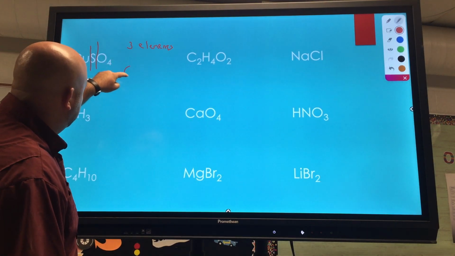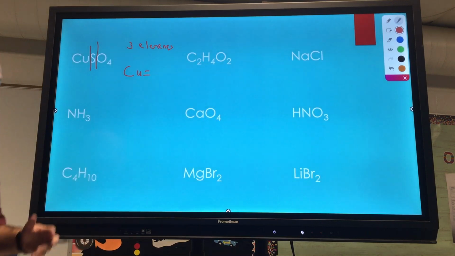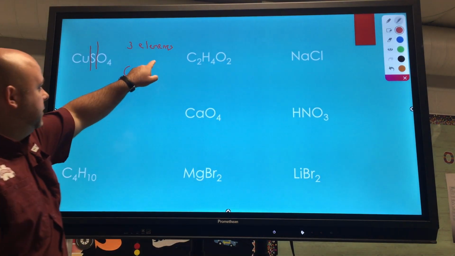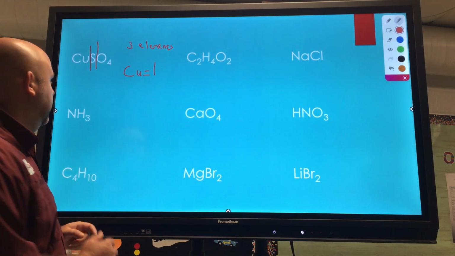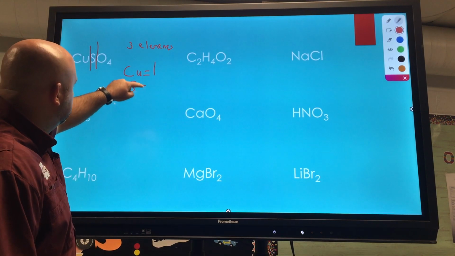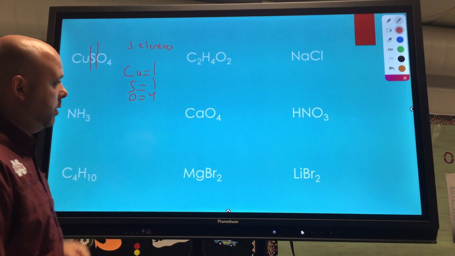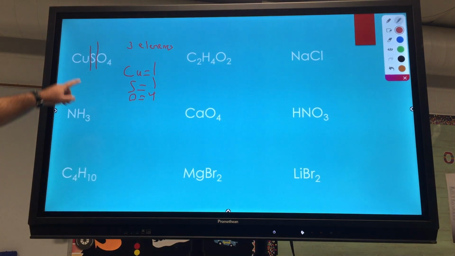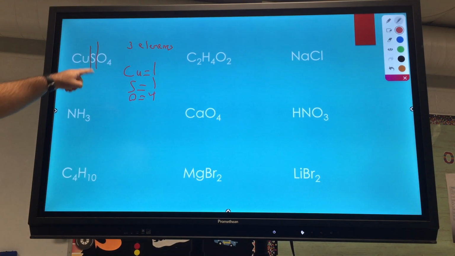So let's write this out. Cu. How many numbers are next to it? There's none of them. So that means there's 1. It's an understood 1. S 1 and O 4. How did I get that? Well, there's an understood 1 next to S, and S is sulfur.